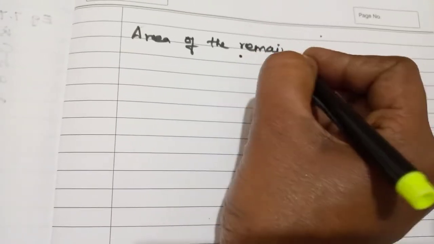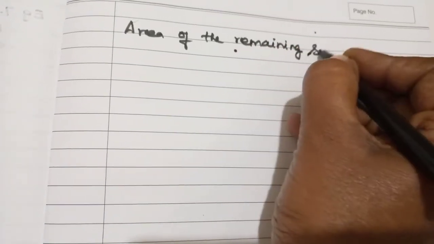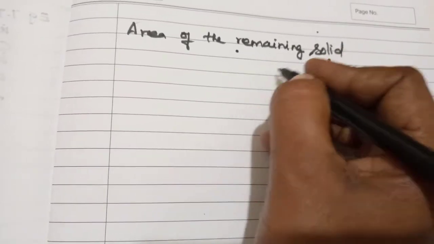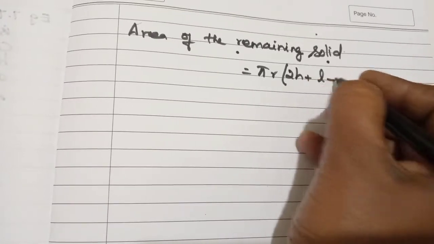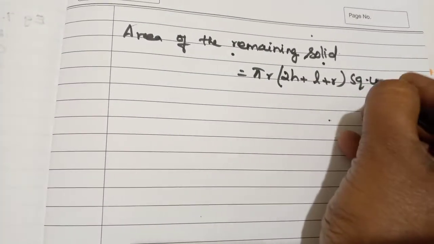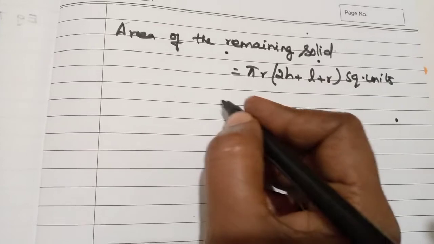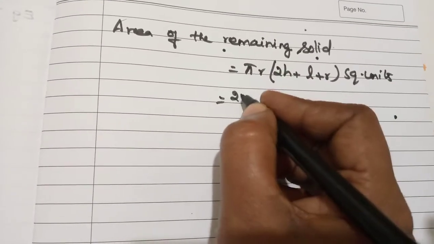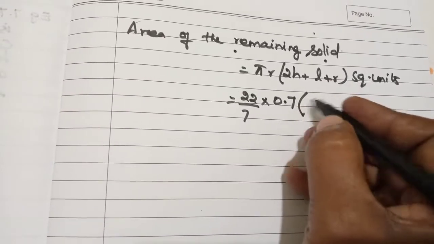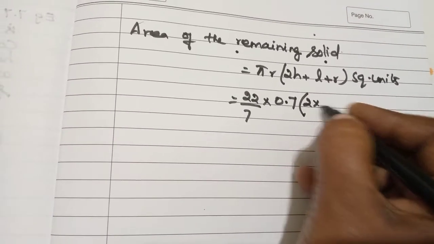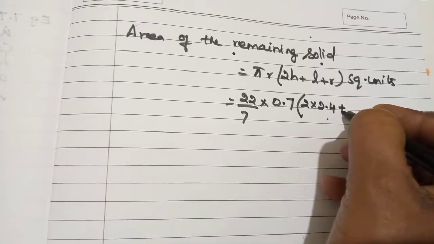Now the area of the remaining solid. After taking the common, we have pi r into 2h plus L plus R square, we already wrote this formula. Let us substitute the values. Pi value 22/7 into R is 0.7, into bracket 2h, that is 2 into h value 2.4, plus L, what is the L value?